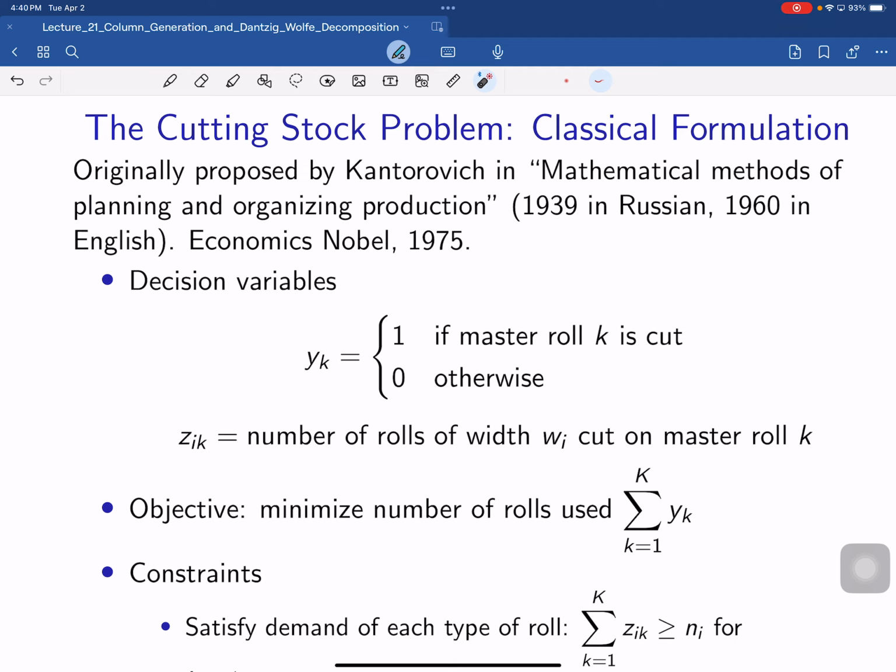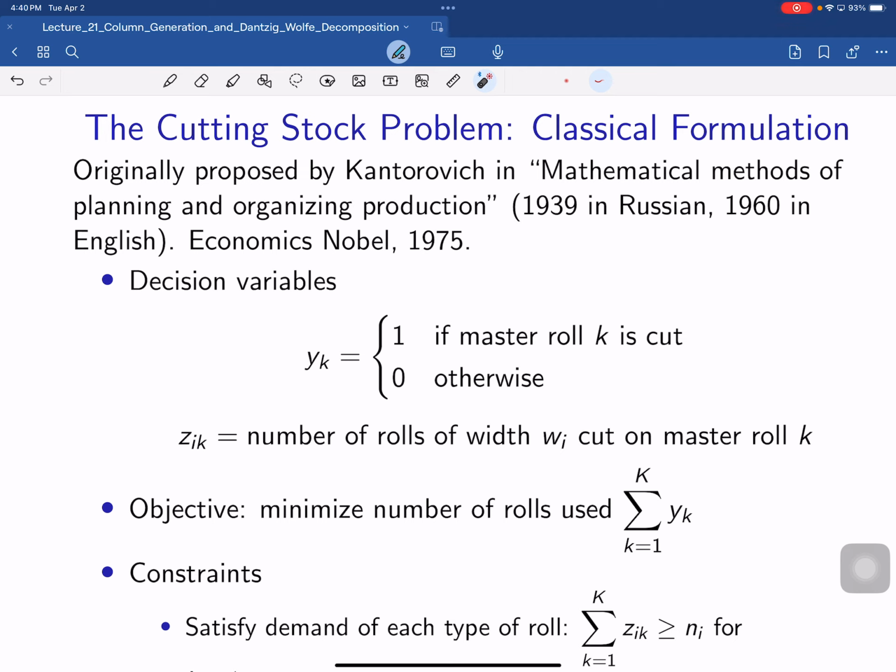So here, let's first talk about a very naive formulation of this problem. So let's define some binary variables y_k. So y_k is 1 if the master roll k is cut, right? So the master roll has length 100 in the previous problem. And 0 if the master roll k is not cut.